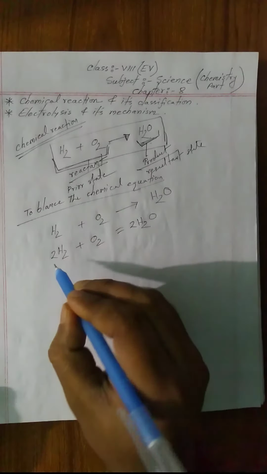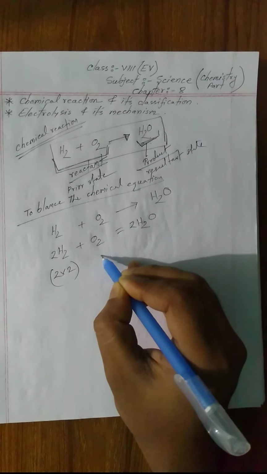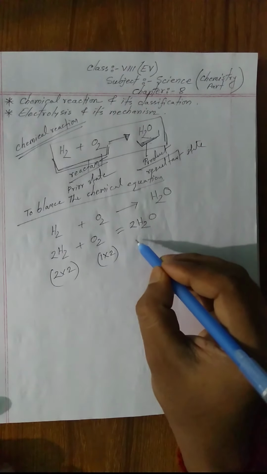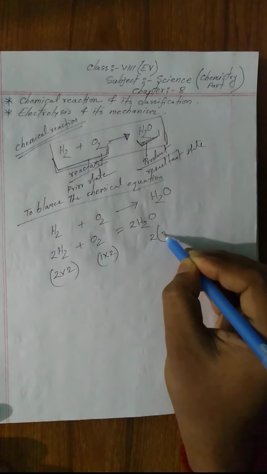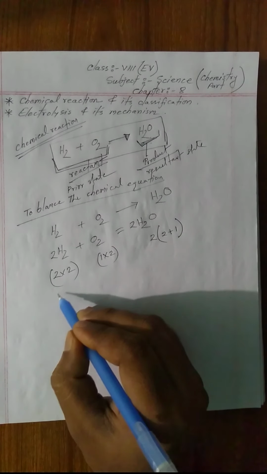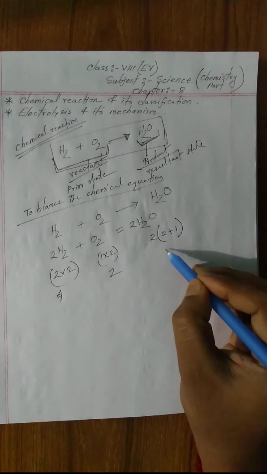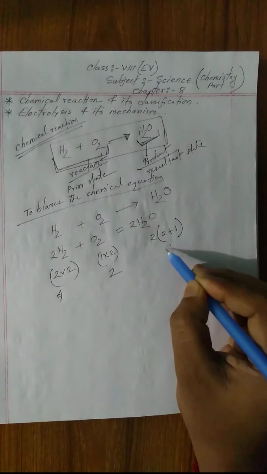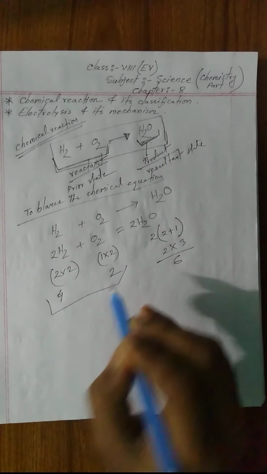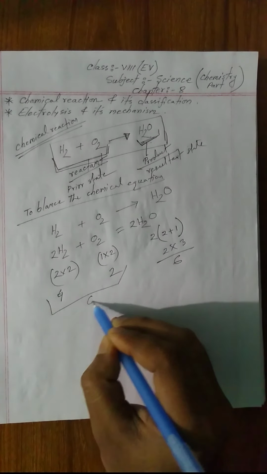That means 2 and 2 hydrogen atoms, and here 1 and 2 hydrogen atoms, here also 2 plus 1, so here 4 and 2. This is 2 multiplied by 3, that means 6, and on the left side the total number of atoms is 6.